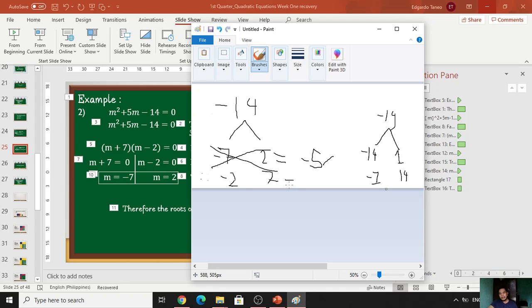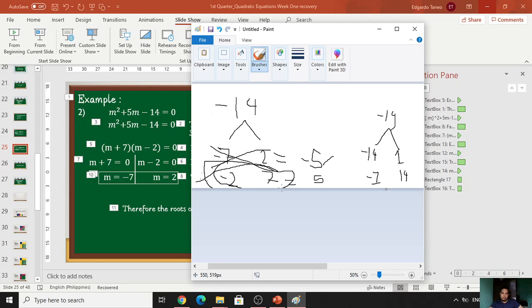How about negative 2 and positive 7? Now, negative 2 times positive 7 is equal to negative 14. Pero kapag pinag-add ba natin si negative 2 at si positive 7 equal sa 5? Yes, equal ang negative 2 plus 7 sa 5. Since magkaiba sila ng sign, it means 7 minus 2, then kakopyahin natin yung sign ni positive 7. So, ito ang gagamitin natin na factors, itong naka-circle.